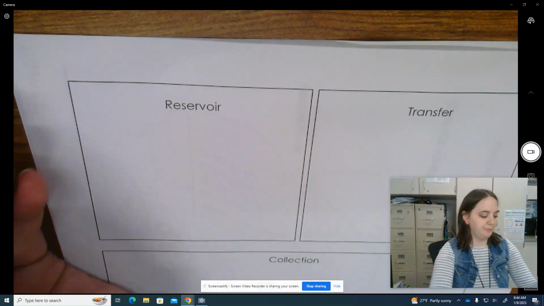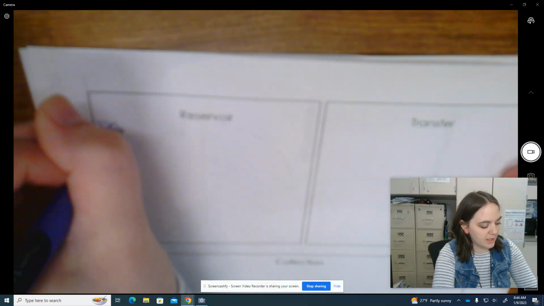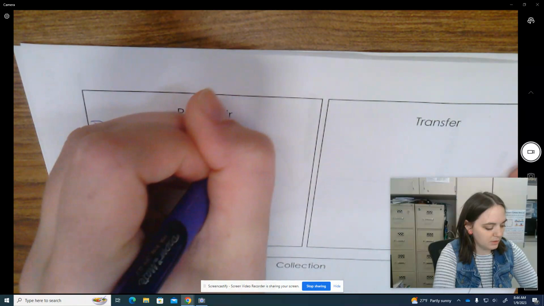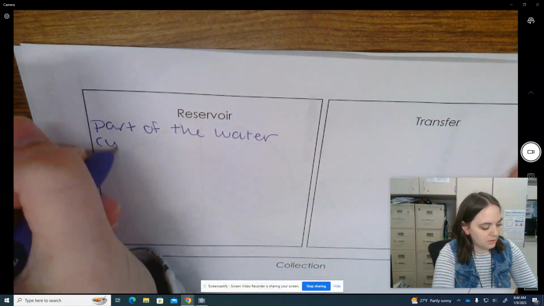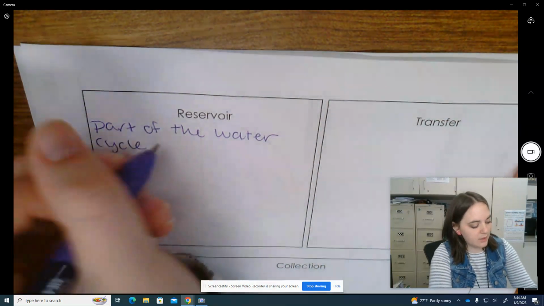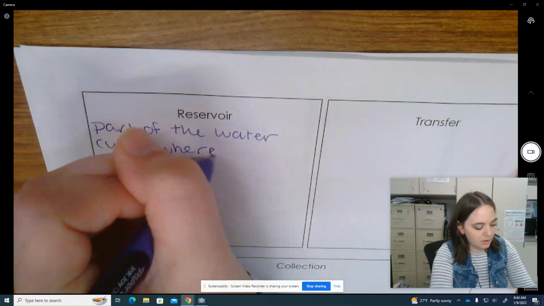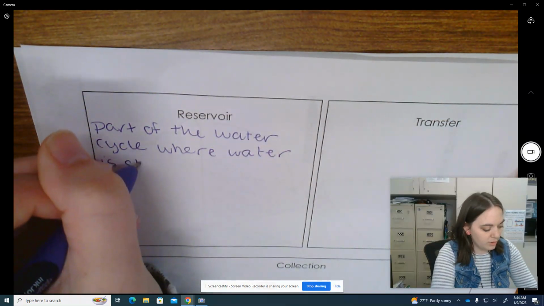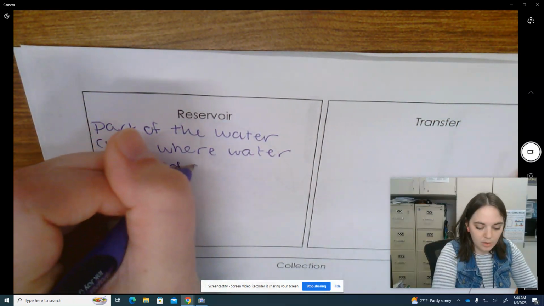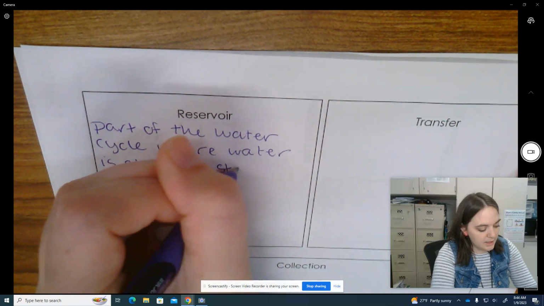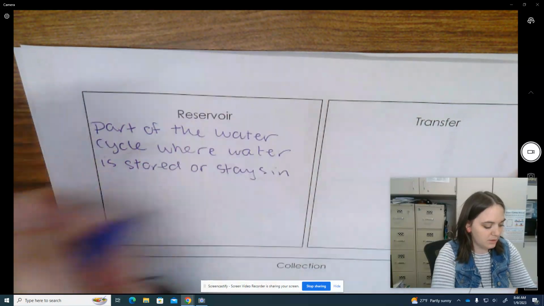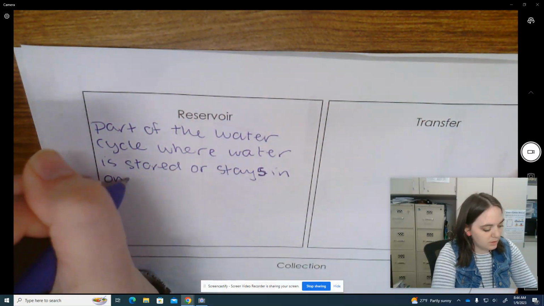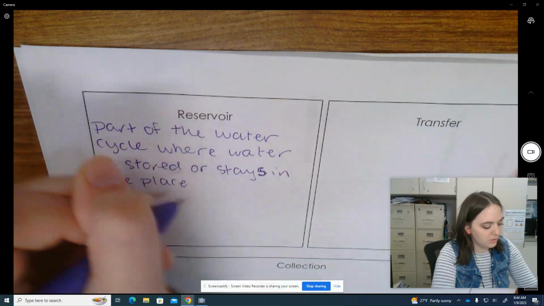A reservoir is a part of the water cycle where water is stored or stays in one place for a while.